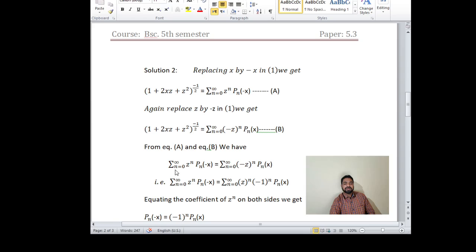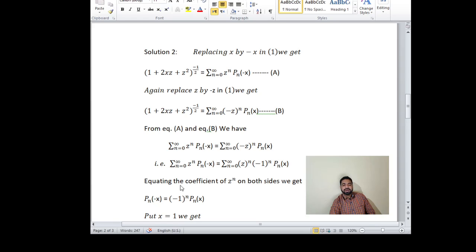Now this minus z raised to n can also be written as z raised to n into minus 1 raised to n Pn of x.